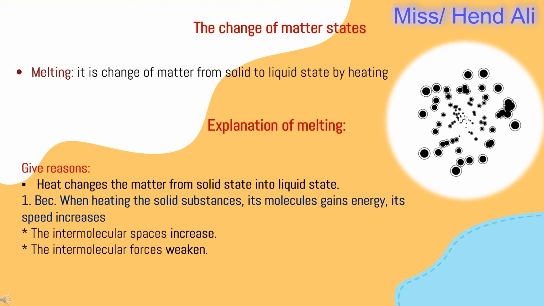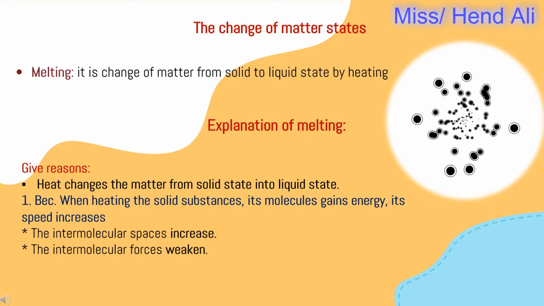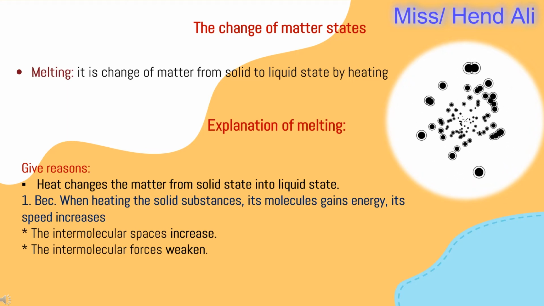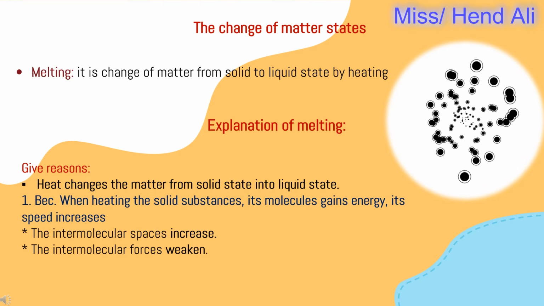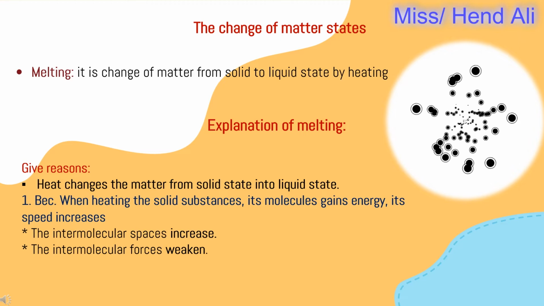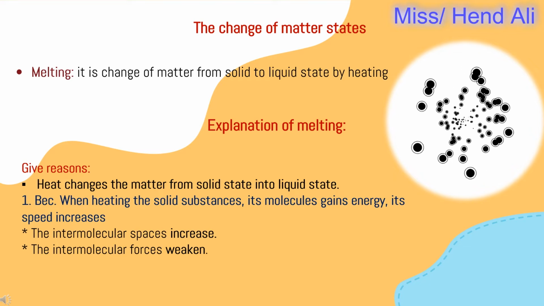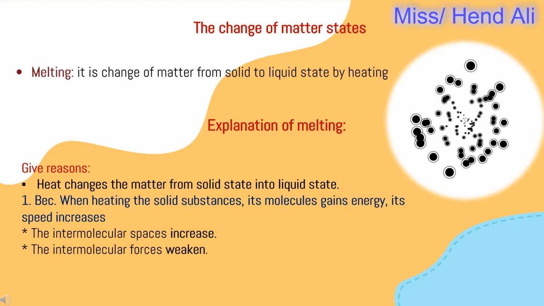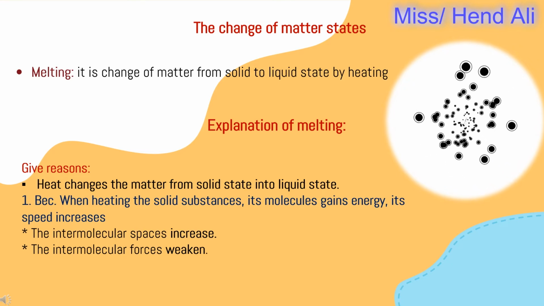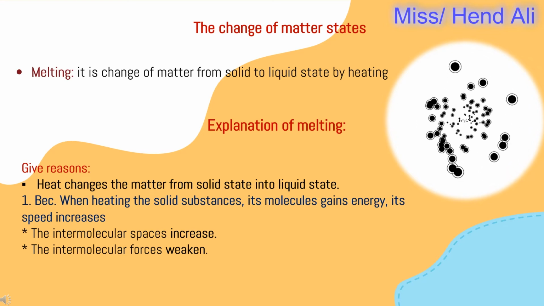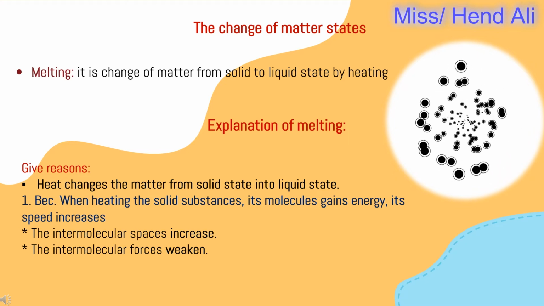Why? Because when heating the solid substances, its molecules gain energy and its speed increases. Of course, we're talking about the molecules. The speed of the molecules increases, the intermolecular spaces among the molecules increase, and the intermolecular forces among the molecules weaken, so the molecules become more free.